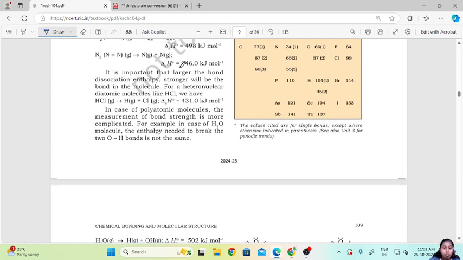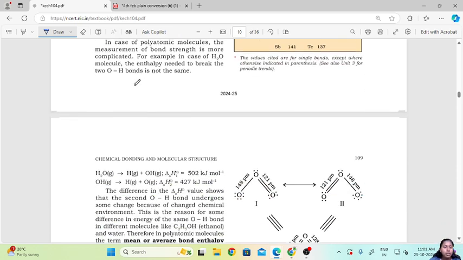Now it is important that the larger the bond dissociation enthalpy, the stronger will be the bond in the molecule. So as you increase the enthalpy, meaning you are increasing the energy, that means the bond is stronger. The more energy required to break a bond, the stronger is the bond in the molecule.